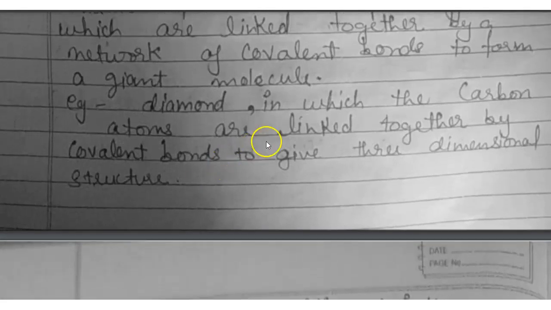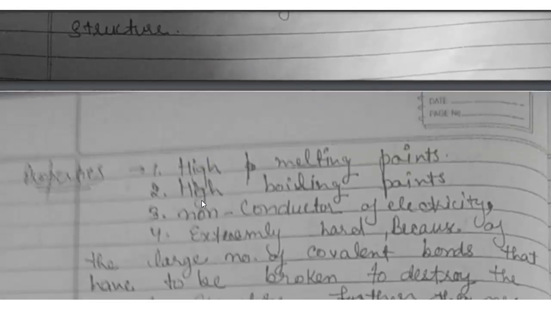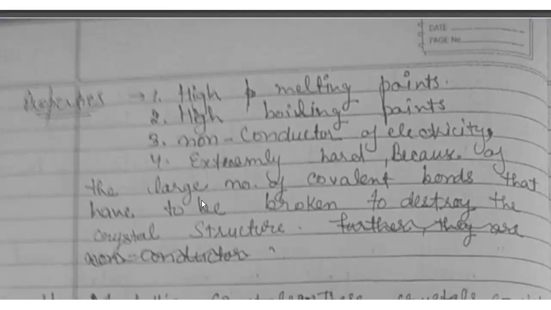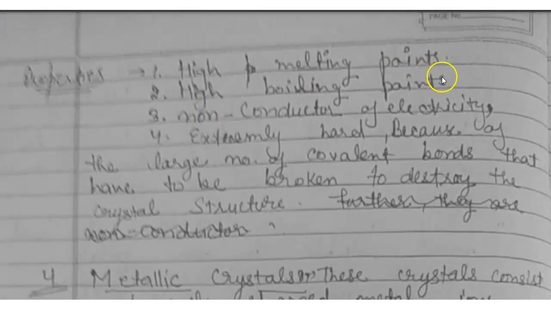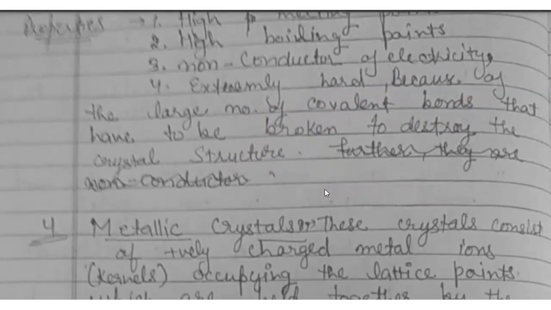For example, diamond, in which the carbon atoms are linked together by covalent bonds to give a three-dimensional structure. Its properties: high melting point, high boiling point, non-conductor of electricity, and extremely hard. It is very hard because of the large number of covalent bonds that have to be broken to destroy the crystal structure.